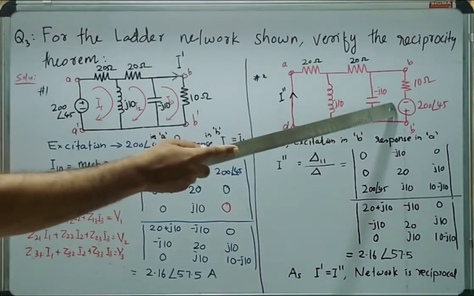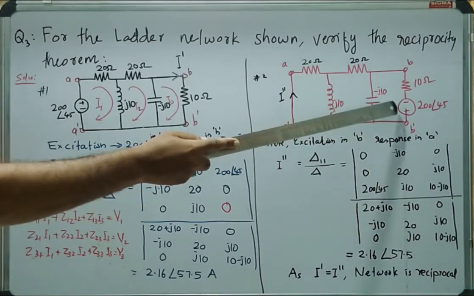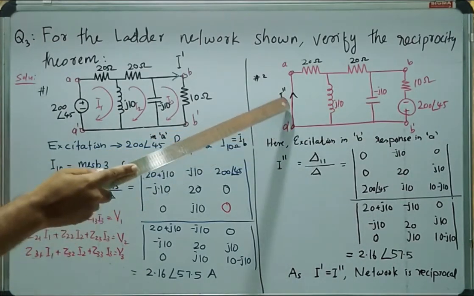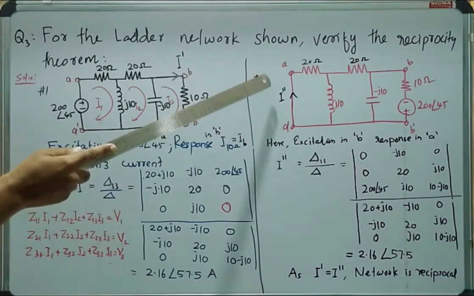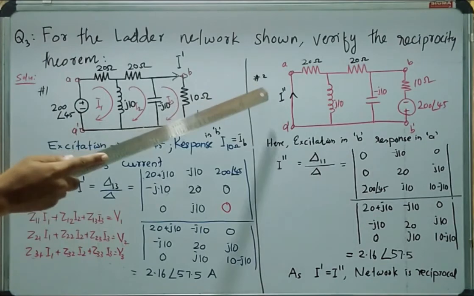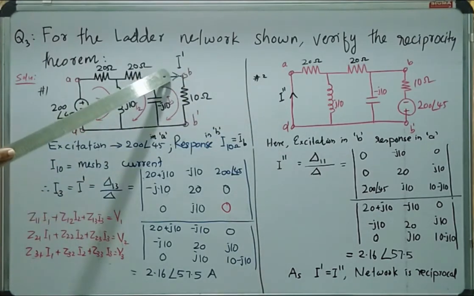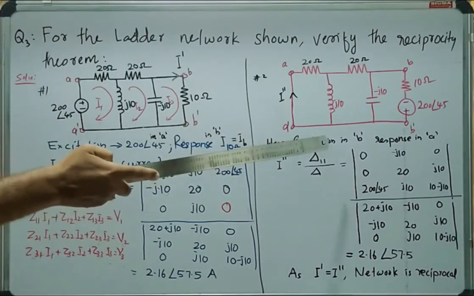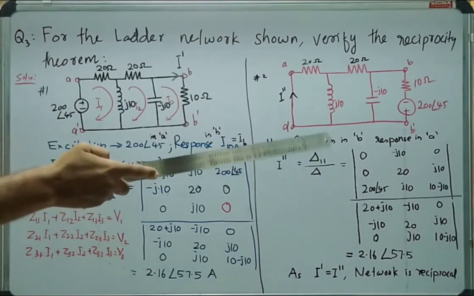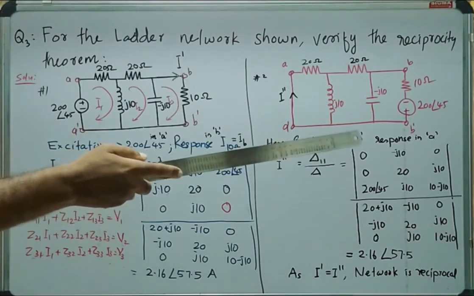Due to the application of this voltage source in branch B, a current will flow in branch A. Let's call that current I double dash. If I double dash becomes equal to I dash, we can say that the network is reciprocal. Here it is to be noted that the excitation is in B and the response is in branch A.